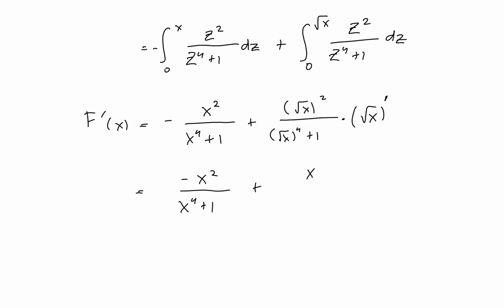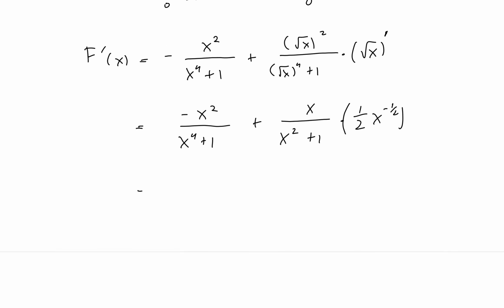Plus, and then I get an x here. On the bottom, I'm going to get x squared plus 1. And then this is multiplied by 1/2 x to the minus 1/2. So if you want to simplify this a little bit more, and that's our derivative.